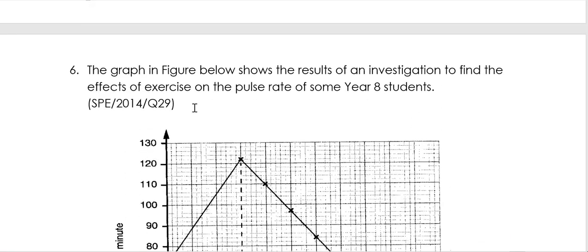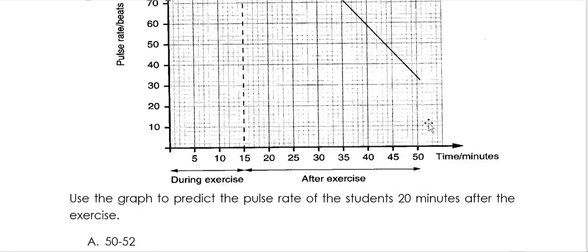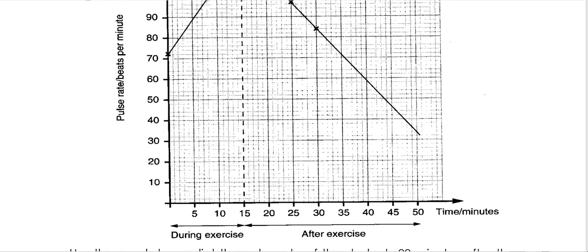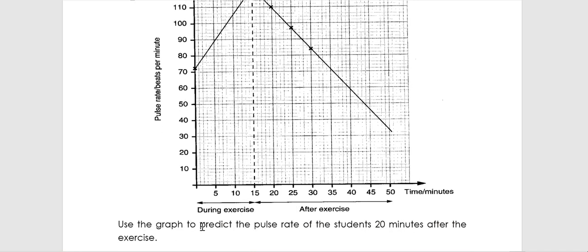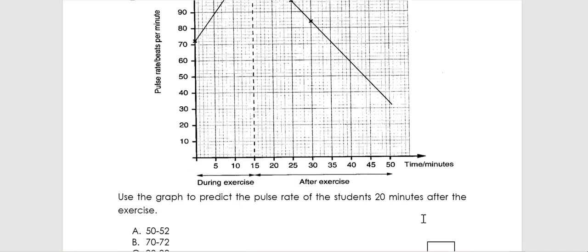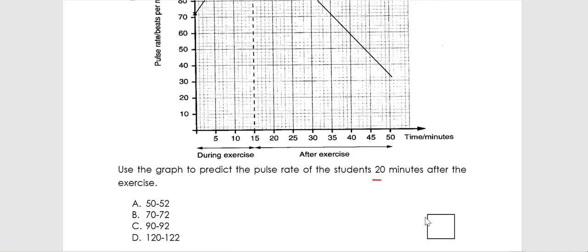Next question. The graph in the figure below shows the results of an investigation to find the effects of exercise on pulse rate. Okay, so let's look at this graph. During exercise and after exercise, use the graph to predict the pulse rate of a student 20 minutes after the exercise.